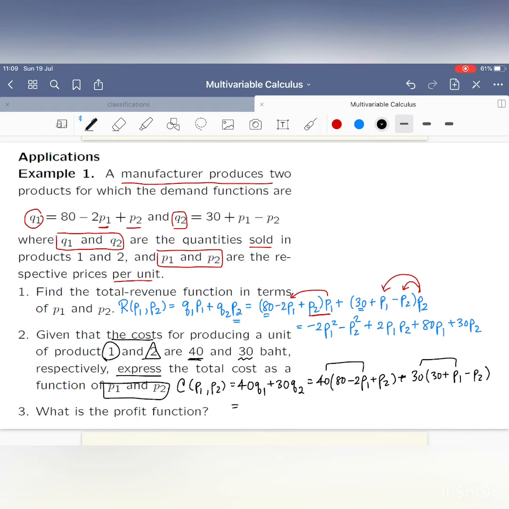You have negative 80 P1 and positive 30 P1, so you have negative 50 P1, and for your P2 you have 40 P2 and negative 30 P2, so you have positive 10 P2, and 3200 with 900, so you have a total of 4100.